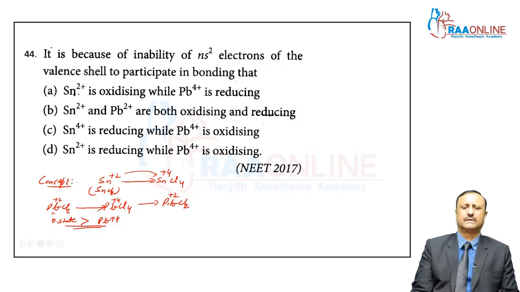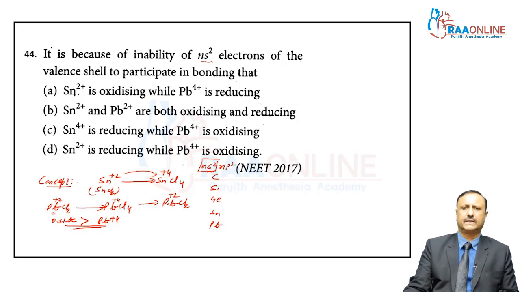Now we can see the question. Here we can see the question, bonding by these ns2 electrons, in carbon, silicon, germanium, tin and lead. Here the electronic configuration is ns2 np2. Here when this ns2 electron is involved in bonding, the element goes to the higher oxidation state.